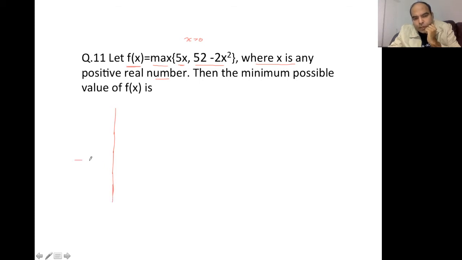We don't need to consider the value of x on the y-axis or to the left of the y-axis. We only bother about these two graphs on the right of the y-axis.